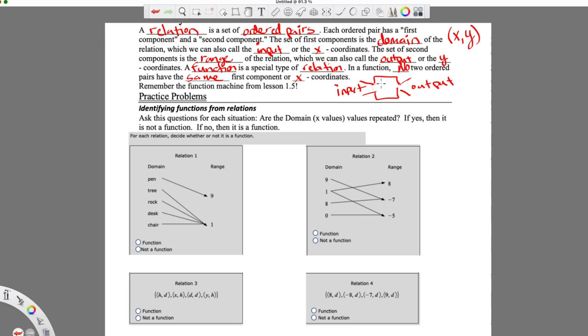With a function machine, if I input 2 and I get 3 out, because there's some kind of equation happening in here, and then I put 2 in again and I got 4, well, something's wrong with my machine. That's not working correctly, right? If I put 2 in again, I should get 3 each time. I shouldn't be getting a different number.